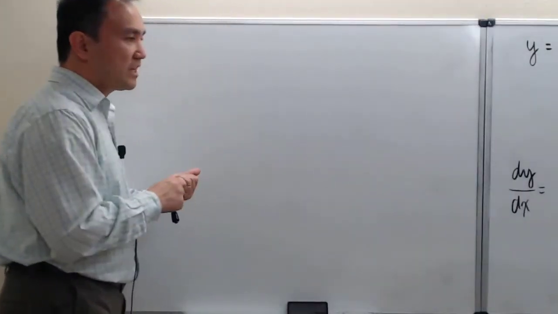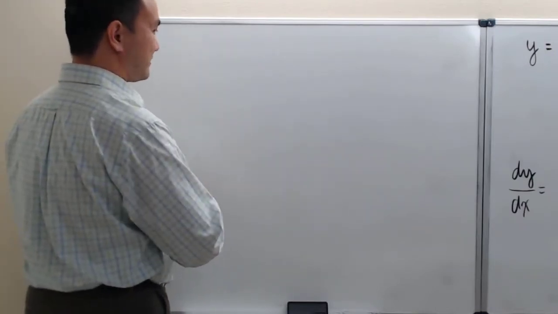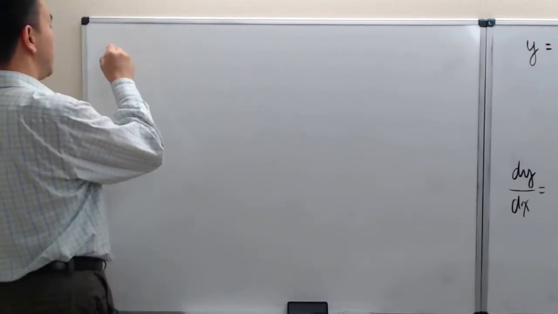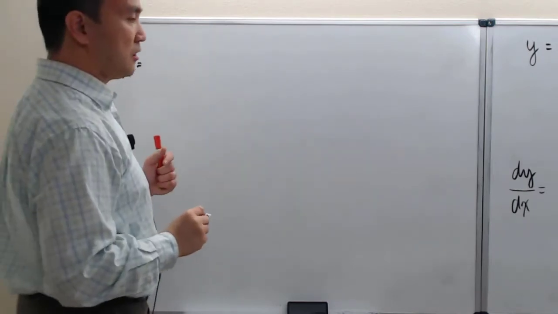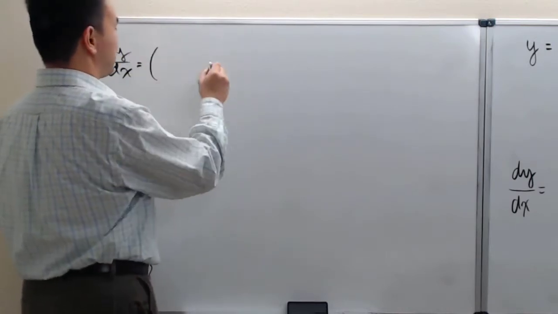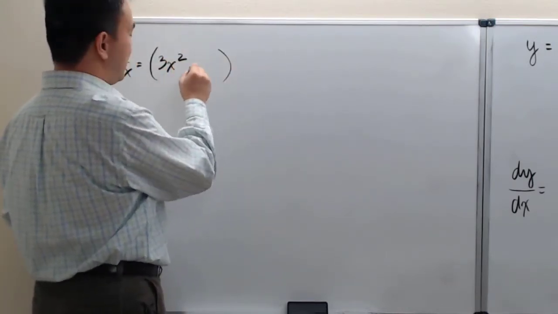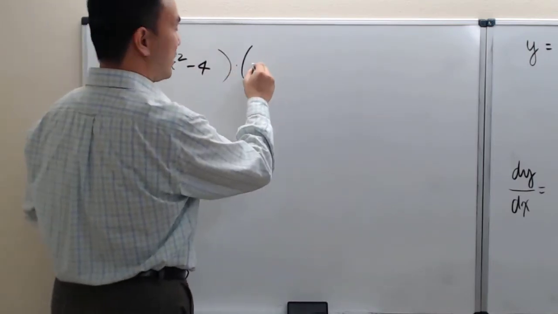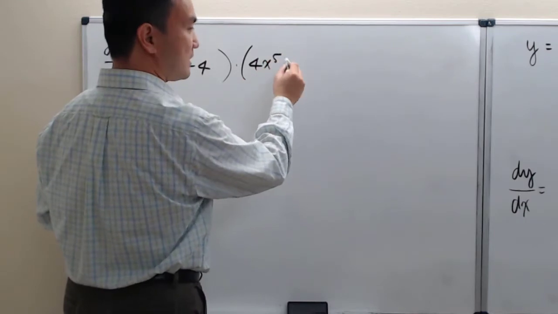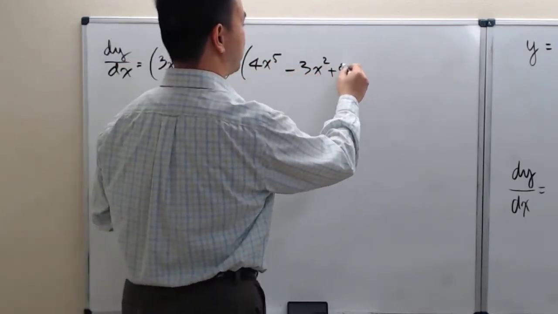Continuing on the other board that we have, dy dx in that case is going to give me 3x squared minus 4, multiplied with 4x to the fifth minus 3x squared plus 5.